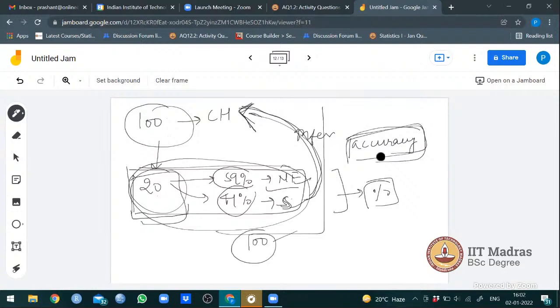So your voice is lagging. Hello? Yeah, hello. It's clear now. Yes. Can I say the results obtained from my sample are approximately correct or accurate?